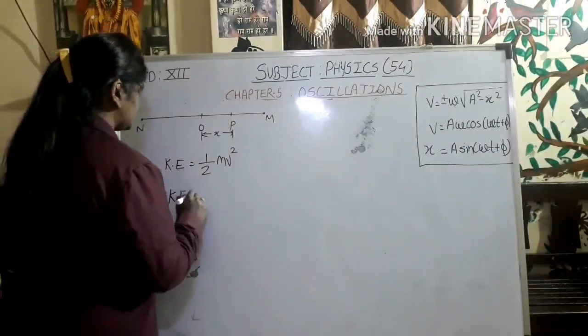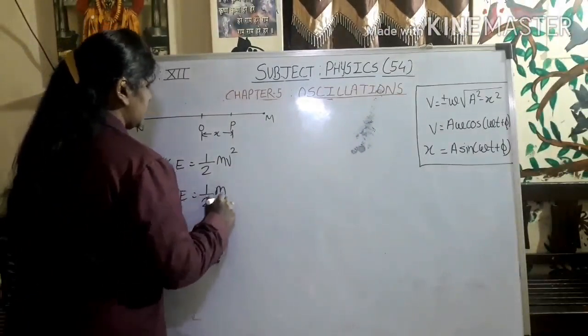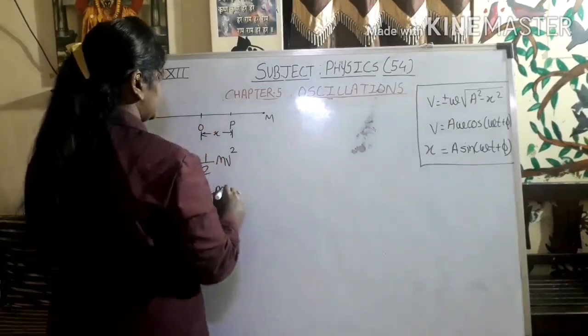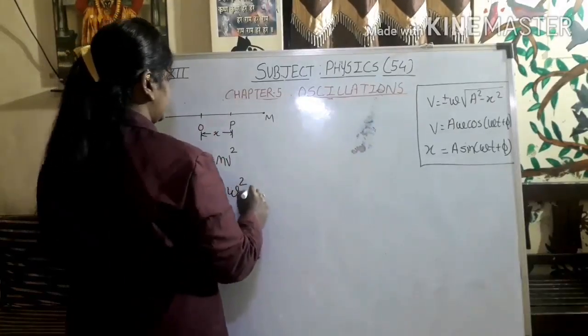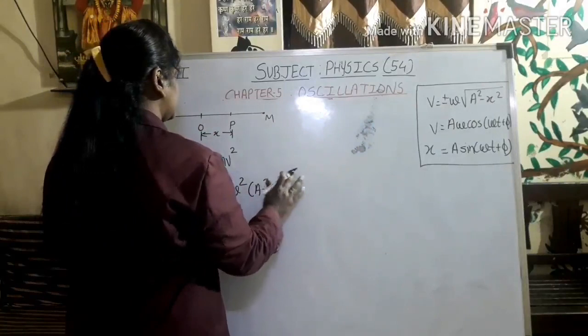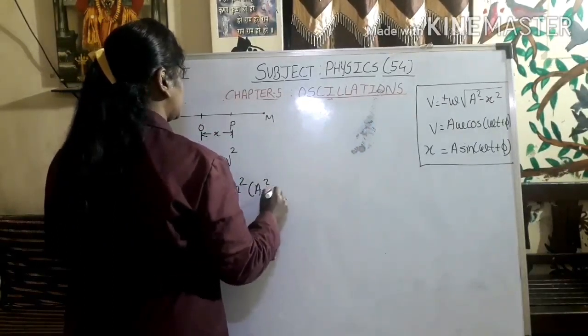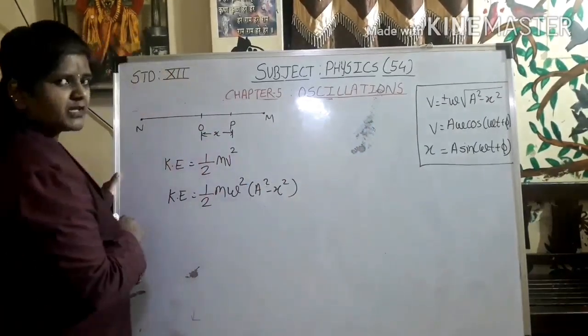So kinetic energy is half m V square. So this will be omega square into bracket a square minus x square. Am I right? Yes.